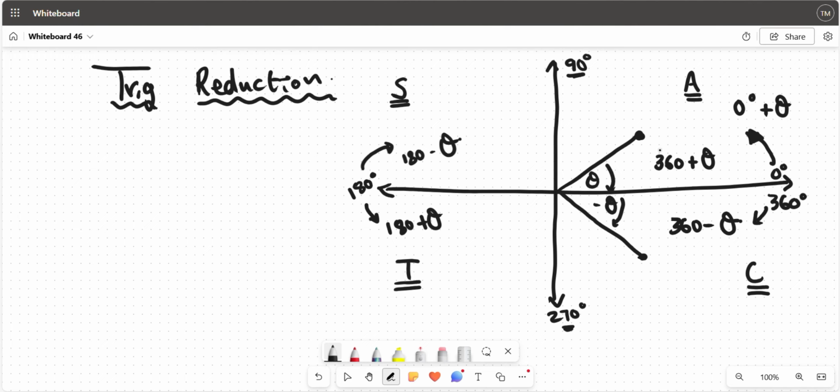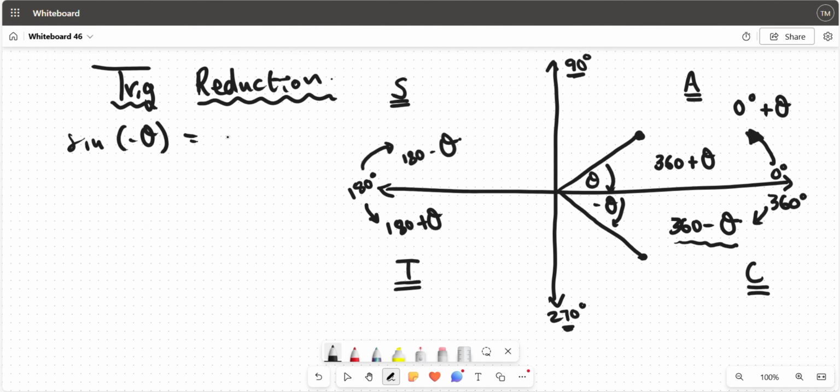So what does that mean? It means whenever we see a negative angle, it actually puts us into this quadrant here. So what are positives and what are negatives in that quadrant? The cos is positive, the sine and the tan are negative. So what does that mean? It means if I have a sine of negative theta, that will stay as a negative ratio.